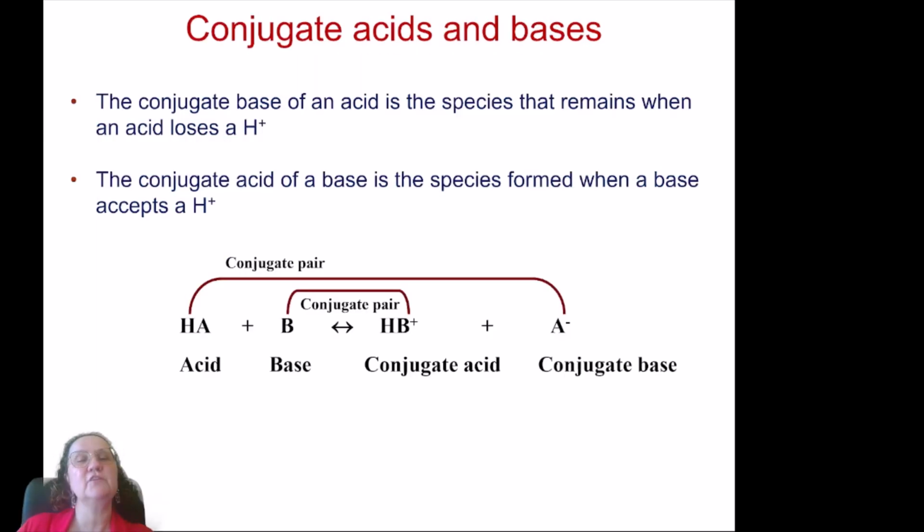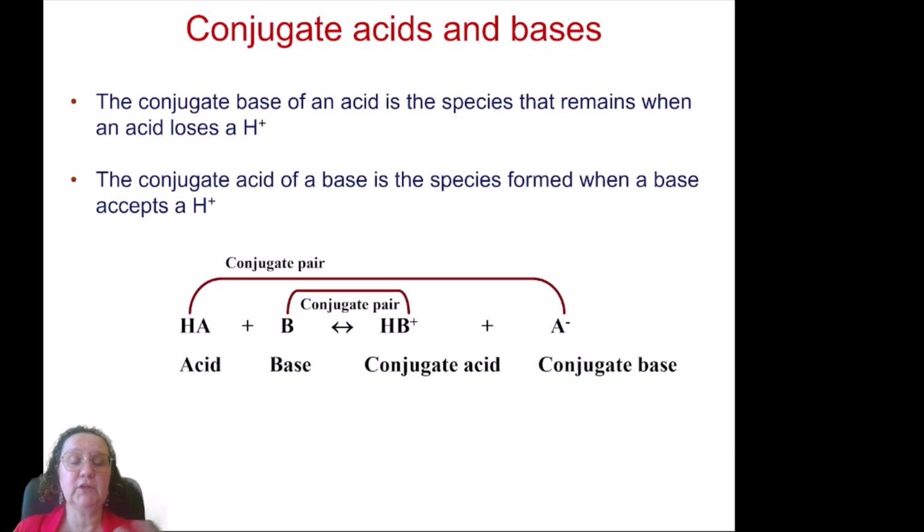When we are studying acid-base chemistry, we talk about the concept of conjugates, conjugate acids and conjugate bases. And that means they are the species associated with when that acid or that base reacts.